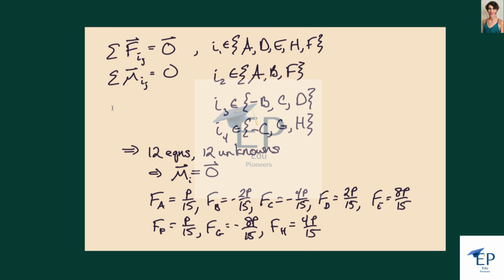So we have loads A, D, E, H, and then the external load at F. And then I looked at the moments created by all those forces, and also the moments created at the junctures.